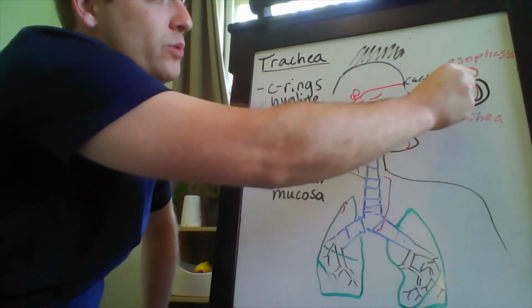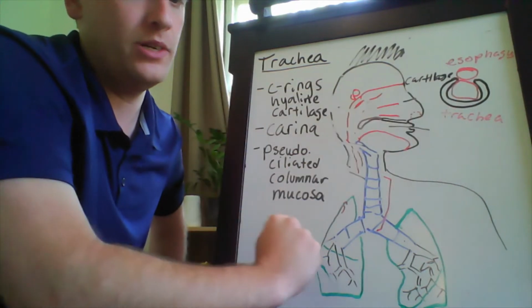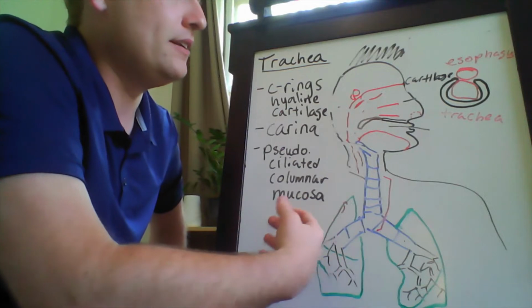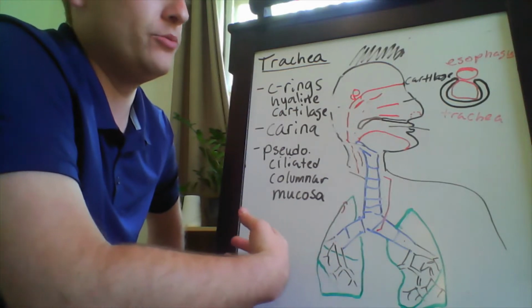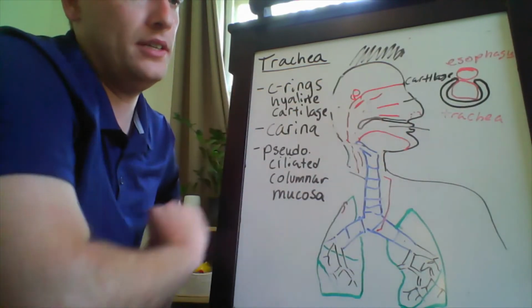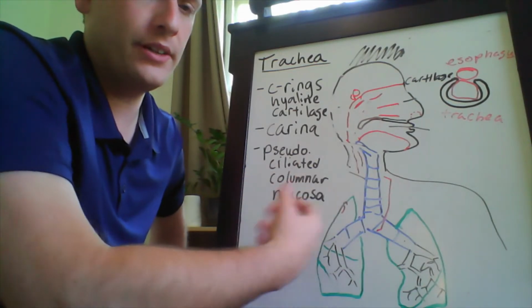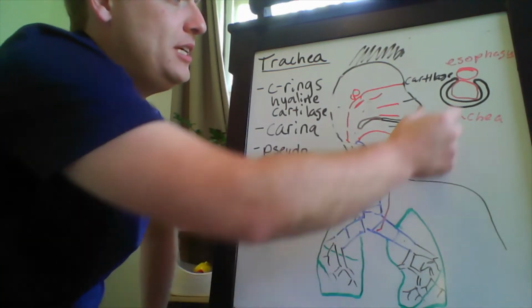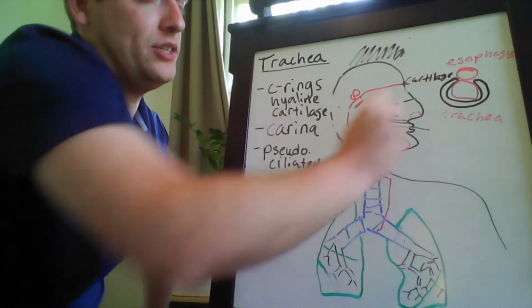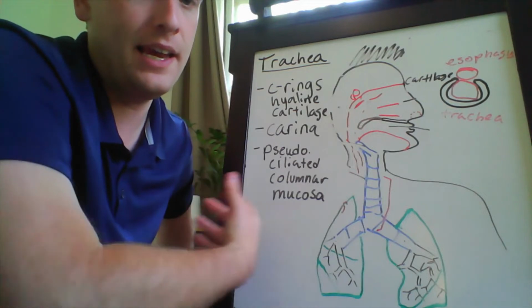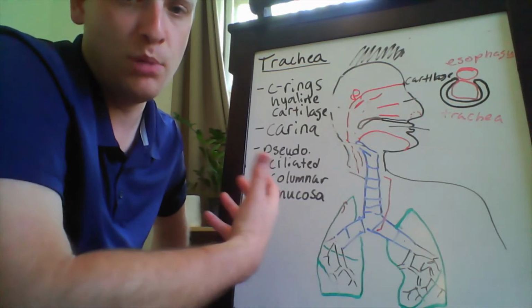So if these were complete rings and the esophagus was to expand, it would push against the trachea. And in order to relieve that pressure of the esophagus expanding during swallowing of food, these rings are incomplete. That allows it to kind of close off the trachea a little bit, just so that the esophagus can expand when you're swallowing a bolus of food.